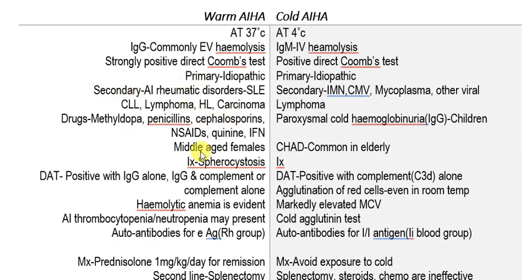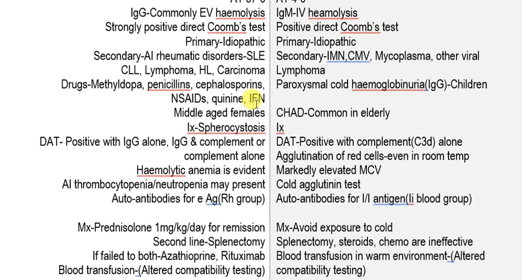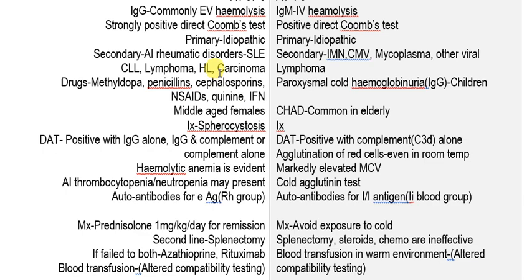And certain drugs such as methyldopa, penicillins, cephalosporins, NSAIDs, quinine, which is an anti-malarial drug, and interferon are also associated with autoimmune hemolytic anemia.